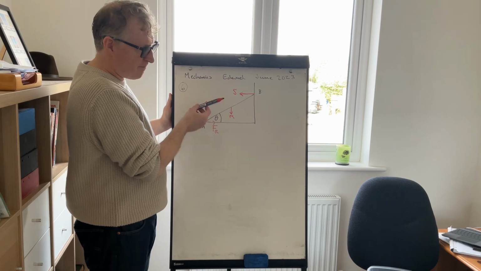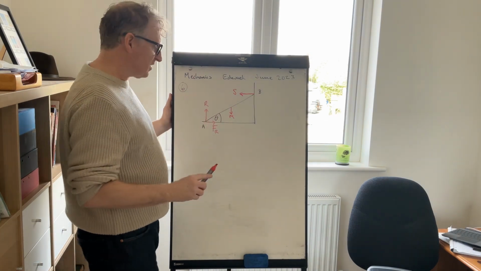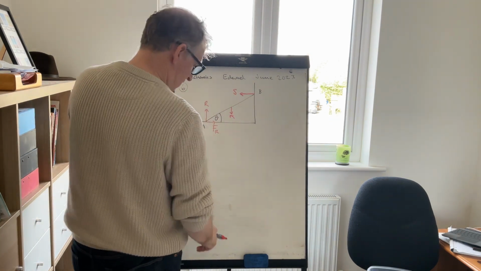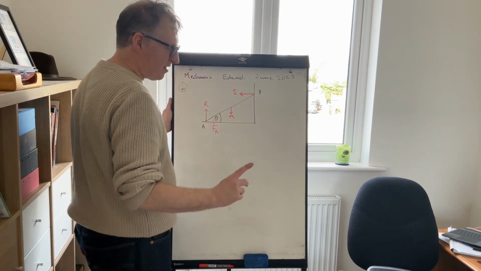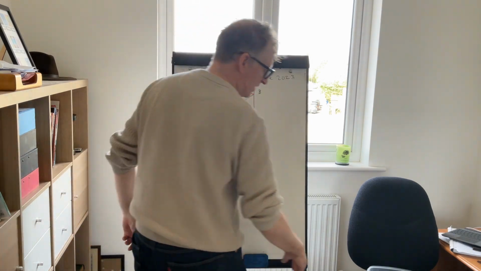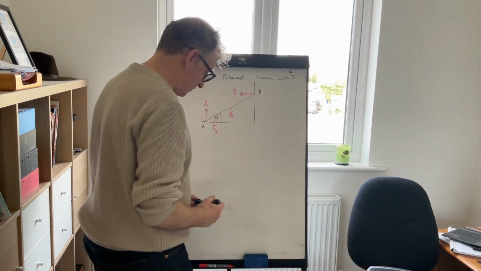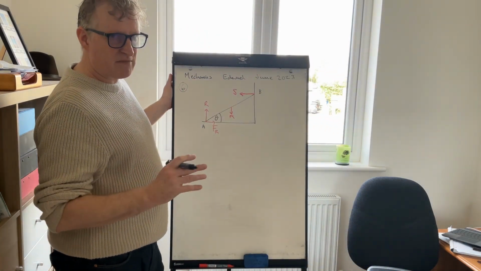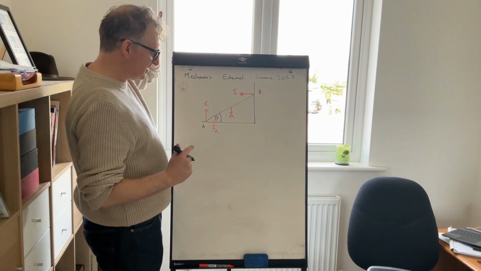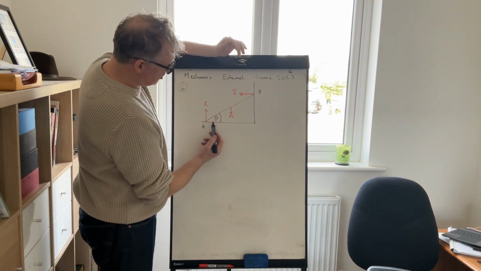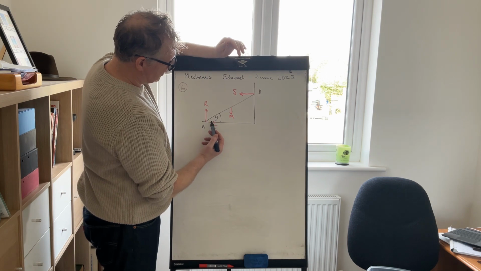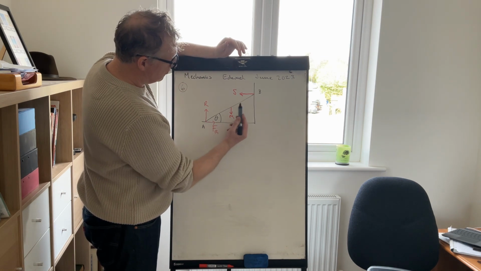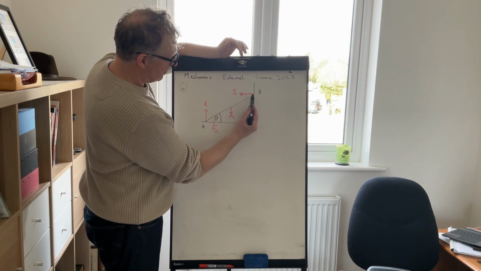So I think most people quite sensibly realise friction is going to act that way because the rod wants to slip away from there. However, it's only a 1 marker, and in part A a lot of people were not getting this mark, and this has appeared in a previous exam question as well. What the chief examiner really wants to see is you realising that friction there must be going in this direction because it has to oppose that S going that way.